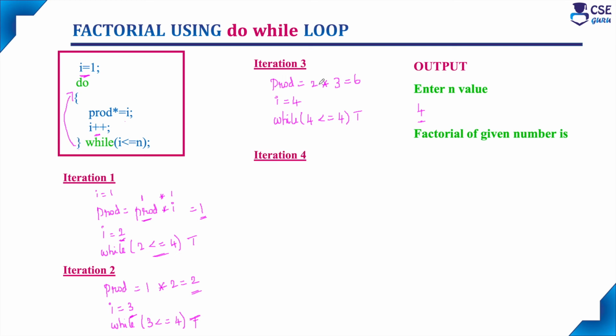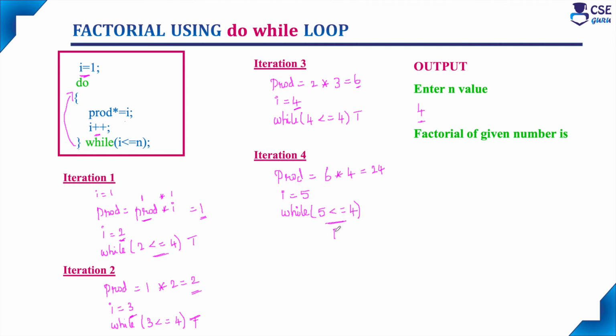Now it is fourth iteration. Calculate the product value. Product is equal to previous iteration product value was 6, 6 into updated I value was 4. We will get it as 24. Next, update the I value now. I will get updated to 5. Now, check the condition while 5 less than or equal to 4.